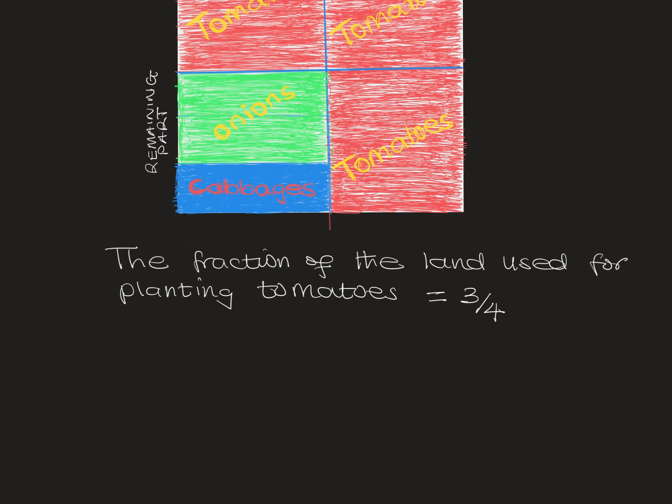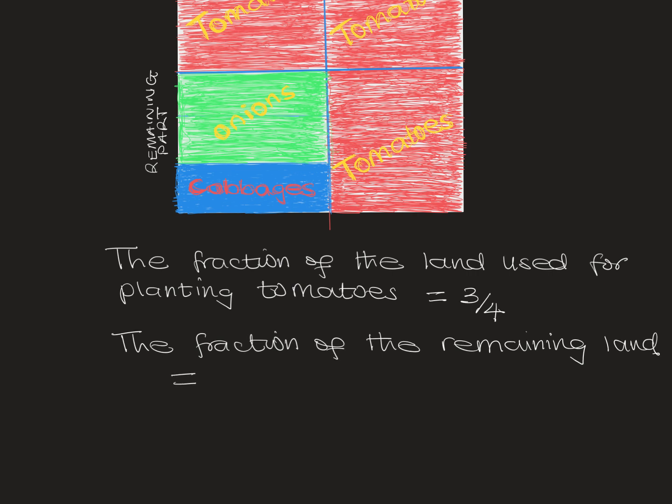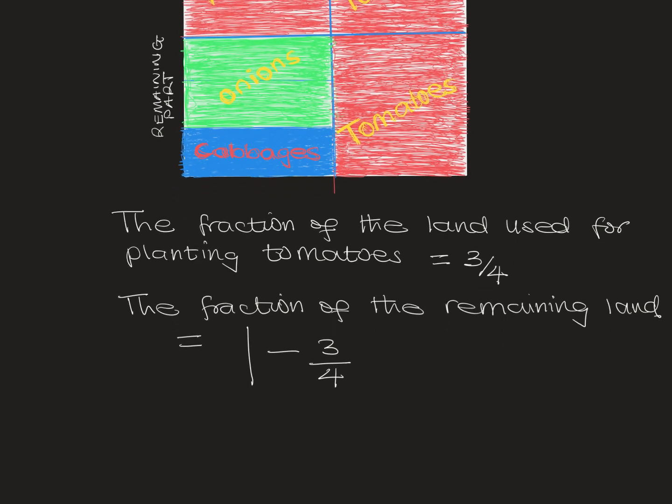To find the remaining land, the fraction of the remaining land will be equal to 1 minus 3 over 4. Okay, because the total fraction of the land must be equal to 1.